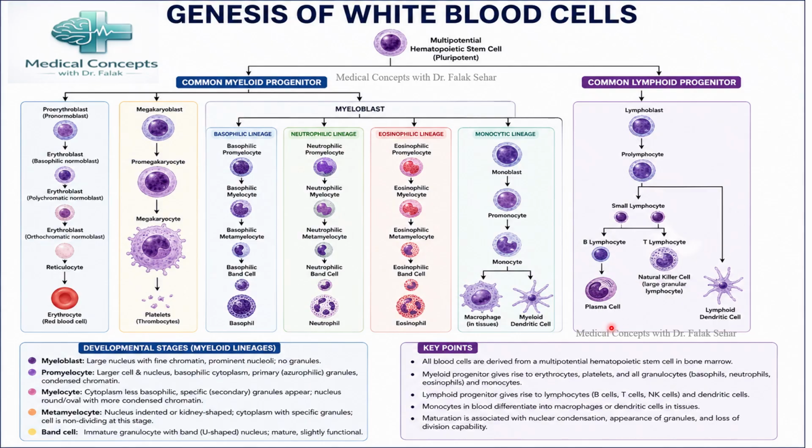The B cells further differentiate into plasma cells, while T cells mature in the thymus before participating in adaptive immunity. As these cells mature, their nuclei become more condensed, specific granules appear, and they gradually lose their ability to divide, resulting in fully functional blood cells ready to defend the body.